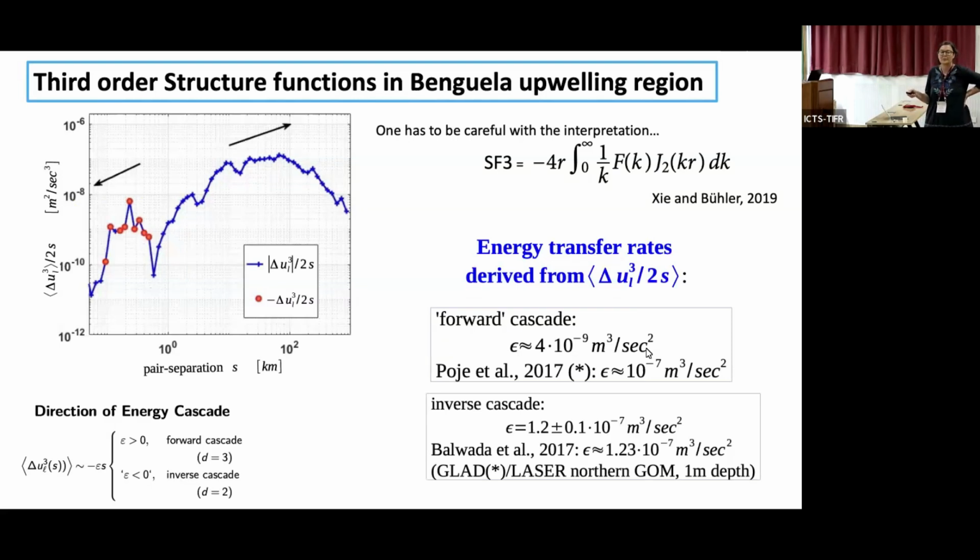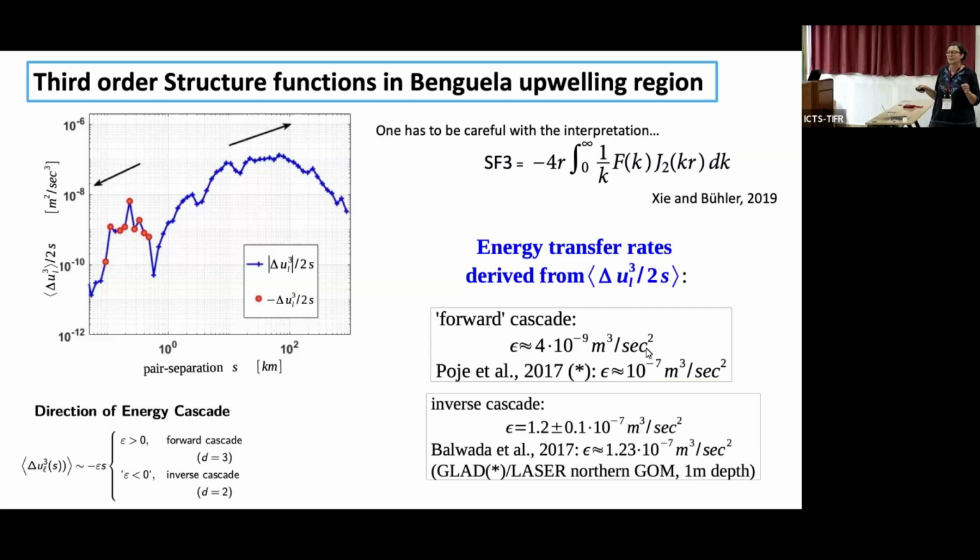Okay, now we're moving one order further, which is even more complicated if you have only scattered data, but we have seen that we have to be very careful with the interpretation of this. And even a sign doesn't necessarily tell you anything about the direction of the cascade. But what we are finding is, for the third-order structure function, if you scale it by the separation distance, if you have an inverse cascade, then you would expect a positive plateau here.